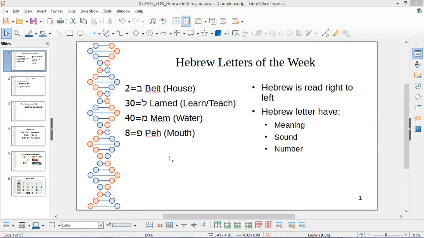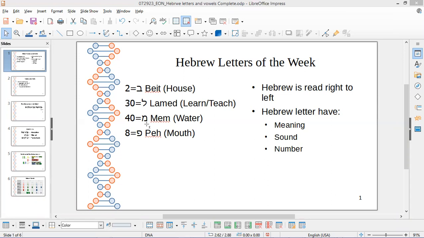Also, it has a sound. The letter Beit has a B sound, and sometimes it has a V sound, but that's more into the grammar, and then we can get into that. In fact, the words that I give you will show these ones that have two sounds. The Lamed has an L sound. The Mem has an M sound.